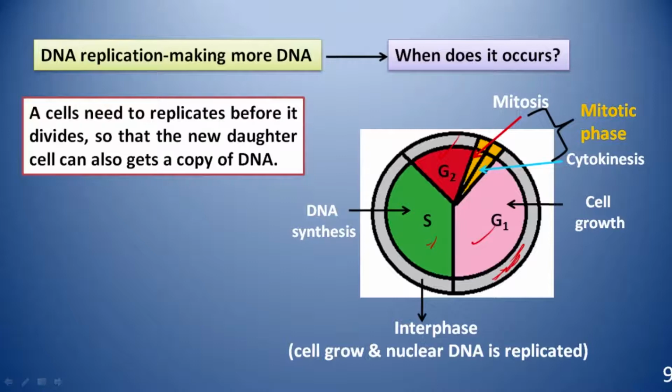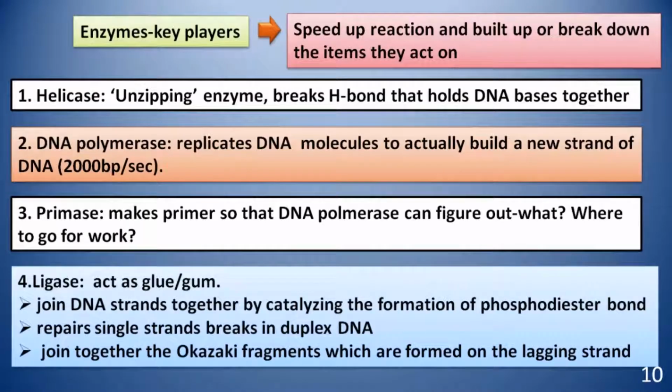And then in cytokinesis, the cytoplasm gets separated. So this is how your DNA replicates, and where DNA replicates I have mentioned. In the next part, there are some enzymes which are the key players in DNA replication.